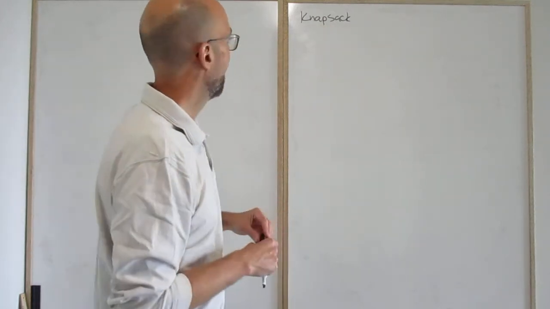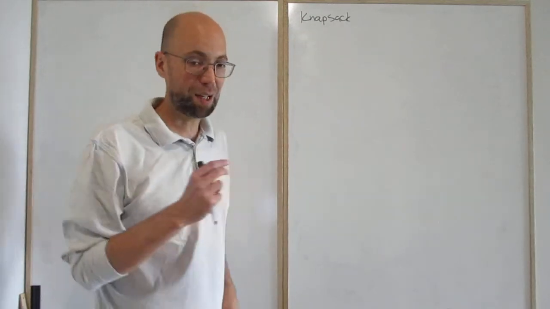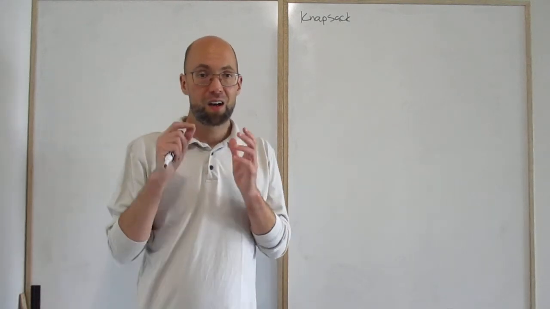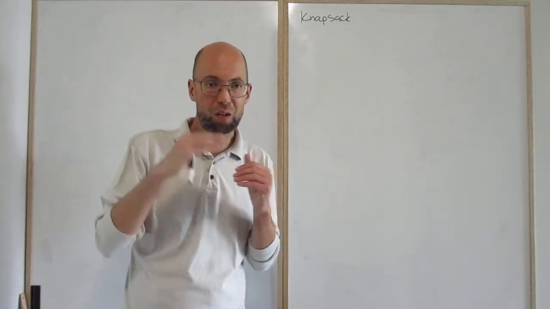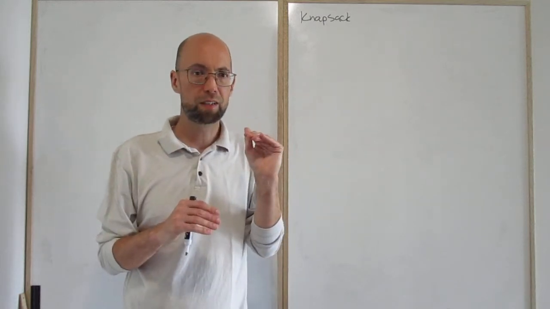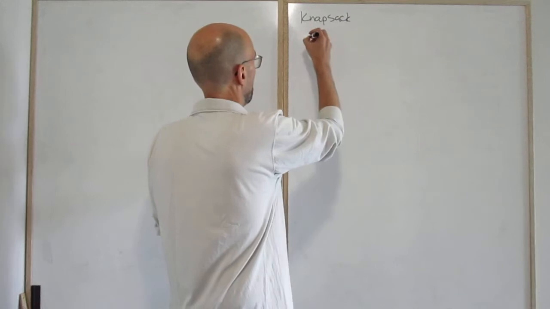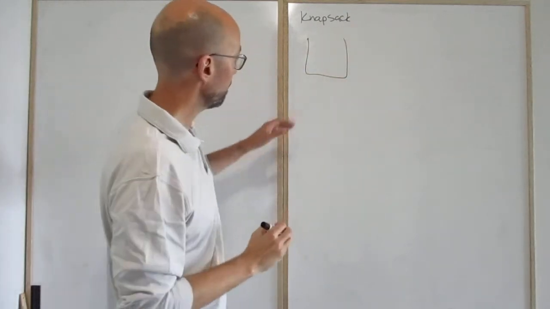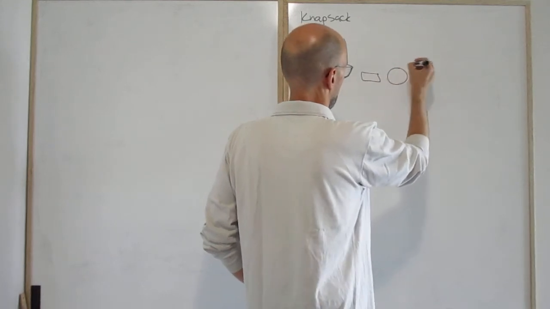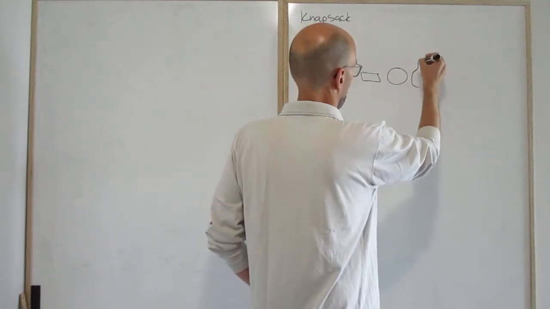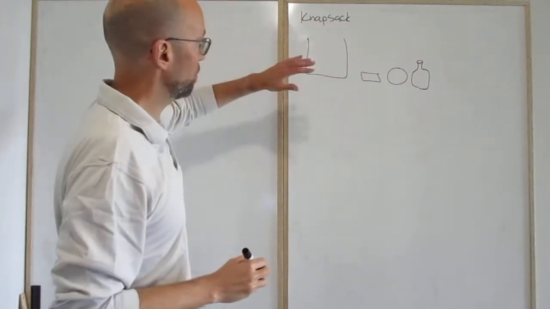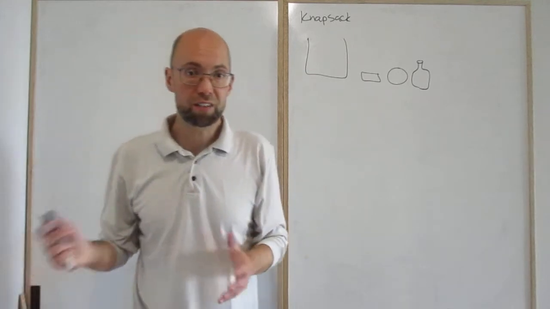So, okay, knapsack. So knapsack, remember, now we're not trying to get a sum of exactly something. We don't have to exactly fill the knapsack. So the knapsack looks like this, and we have some items. We have a bunch of things that have weights, and we're trying to pick.